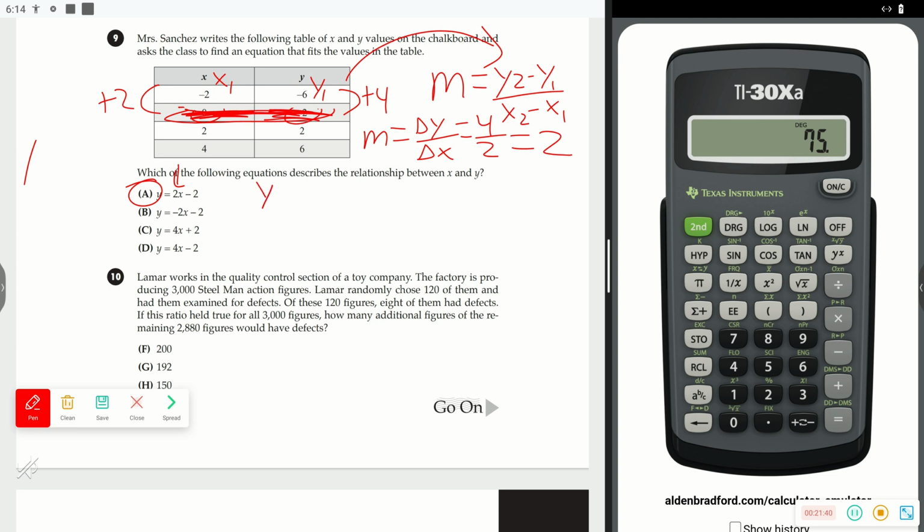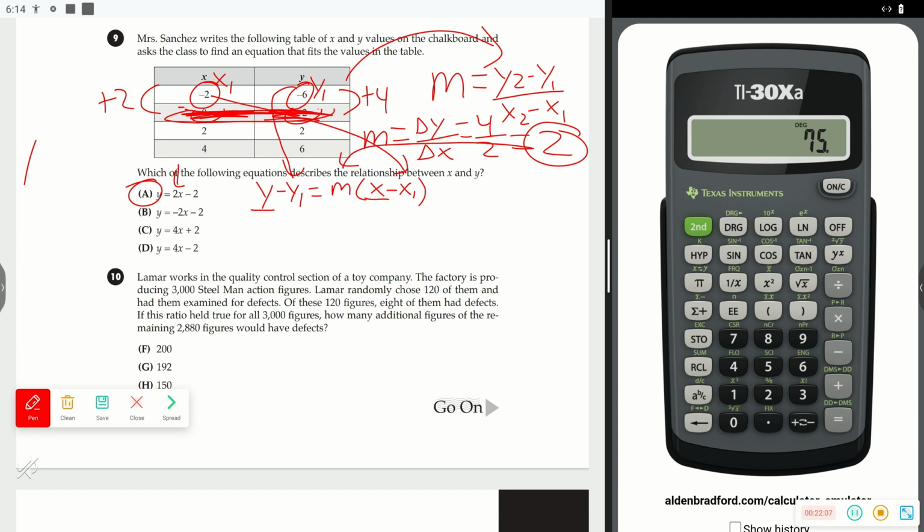Point-slope form is y minus y1 equals m times x minus x1. Like that. Whenever we plug in these values, this value of 2 is going to get plugged in here, this value of -6 is going to be plugged in here, and our slope value is going to be plugged in for m. Whenever you plug things into point-slope form, never, ever plug in a value for x and y.